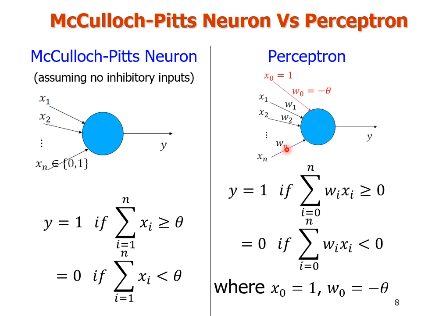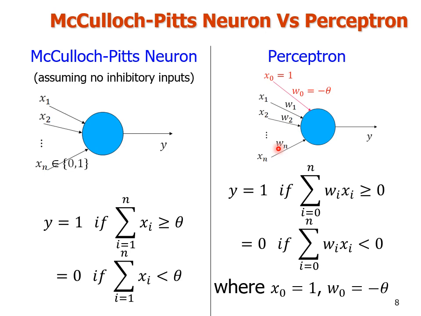In the MP neuron, we do not have weights associated with the inputs, whereas in the perceptron we can weigh the inputs, or give more importance to a few of the inputs than the others. So we have weights associated with the inputs in the perceptron.